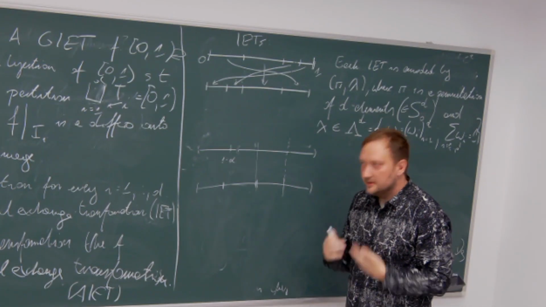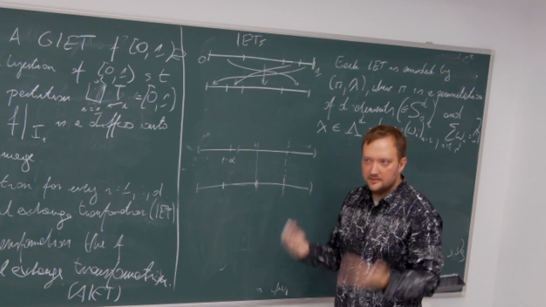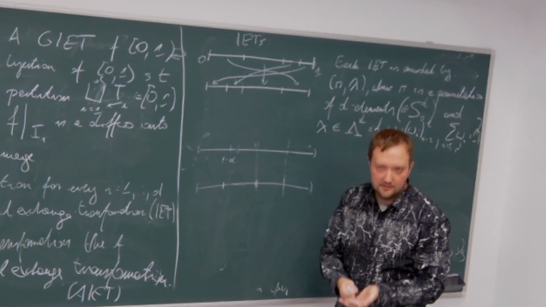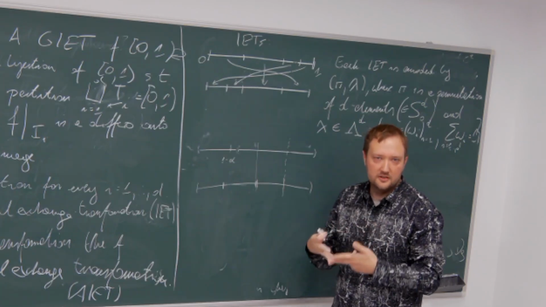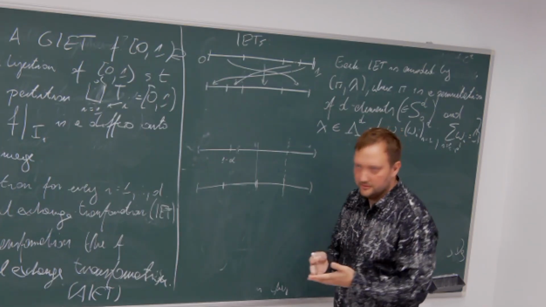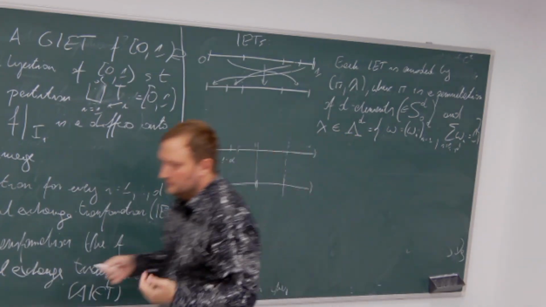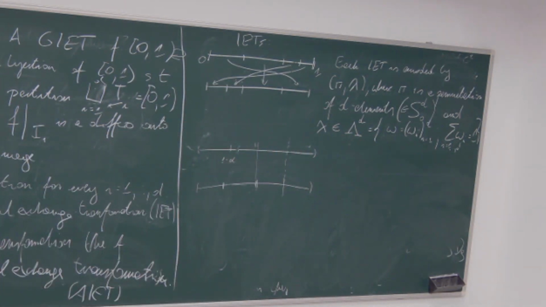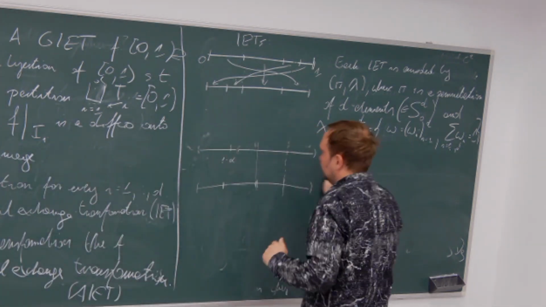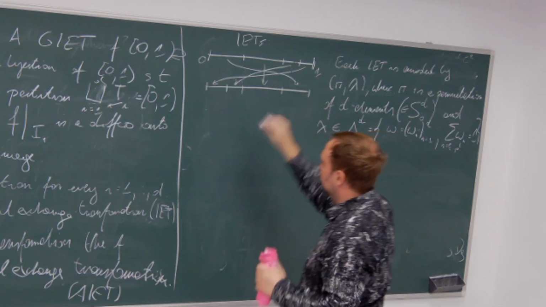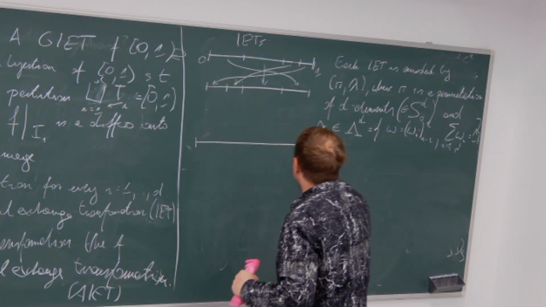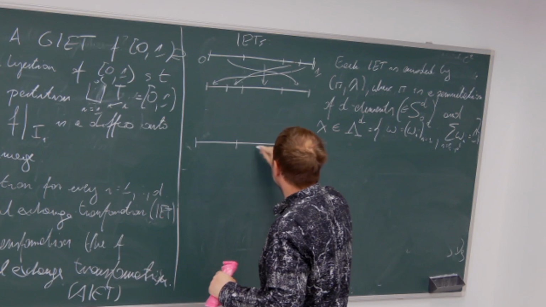So this idea served in the 70s to introduce for interval exchange transformations the process called Rauzy induction, which is the standard renormalization process for interval exchange transformations. Basically, the picture is exactly like that. So we have my interval exchange transformation.